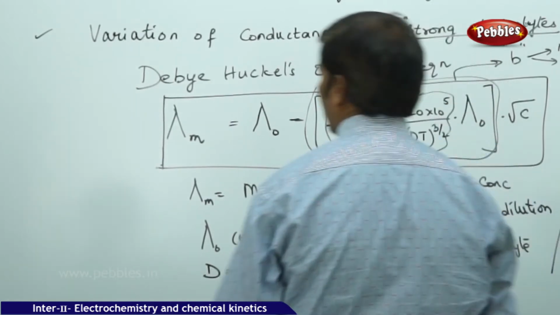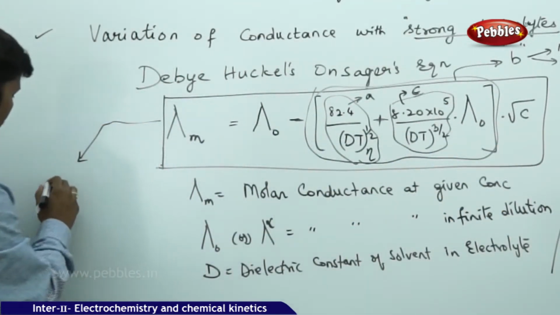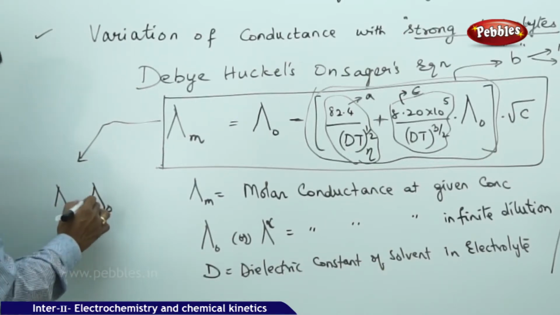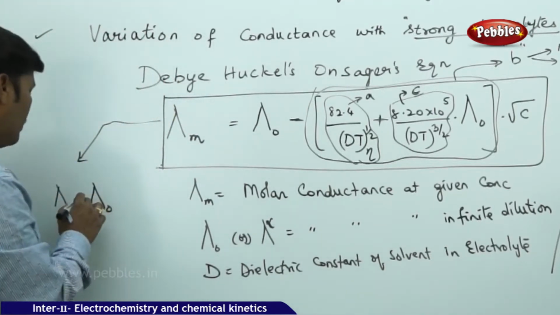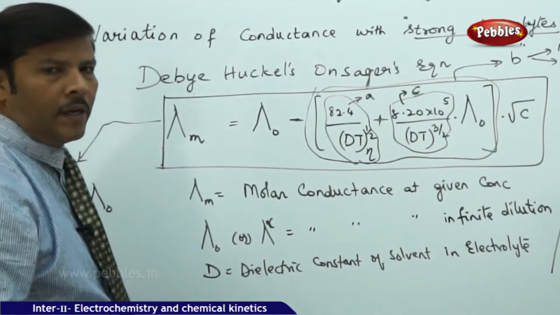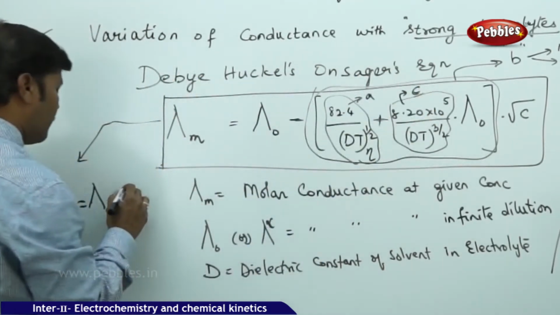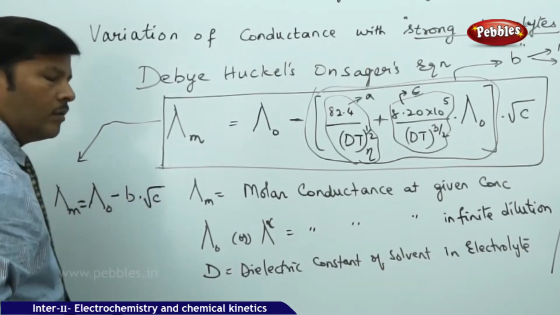So let me remodify this expression in simpler terms: molar conductance at a given concentration is equal to molar conductance at infinite dilution minus B into square root of concentration.